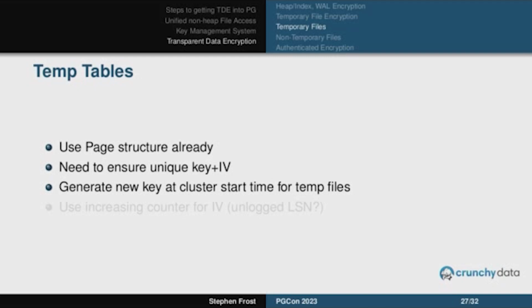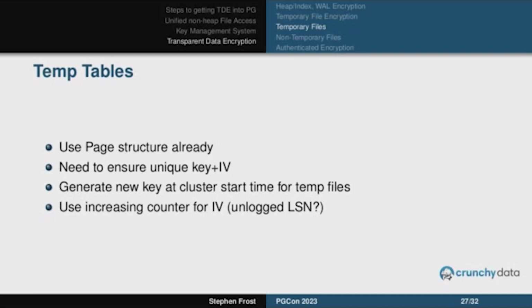We need to make sure we have a unique key plus IV, and so the idea here is that we'll generate a new key at cluster start for things like temp tables, and then we'll have some kind of increasing counter for the IV, maybe possibly tag on to the existing unlogged LSN, or we could come up with something new if we wanted. Either way is fine, as long as it is some value that we can make sure is always increasing and never repeats, so that we have that guarantee of a unique key with IV combination.